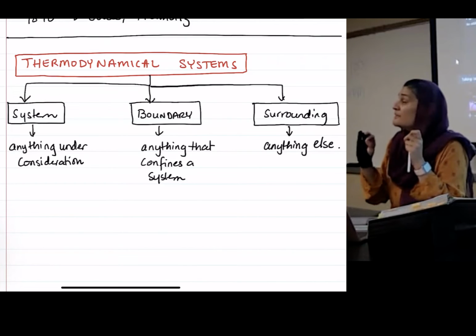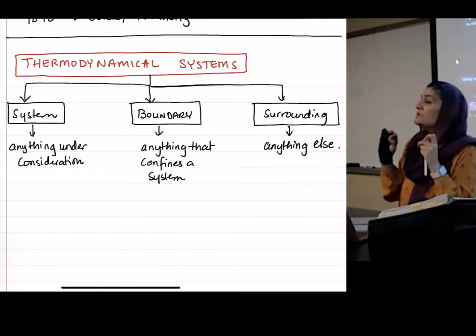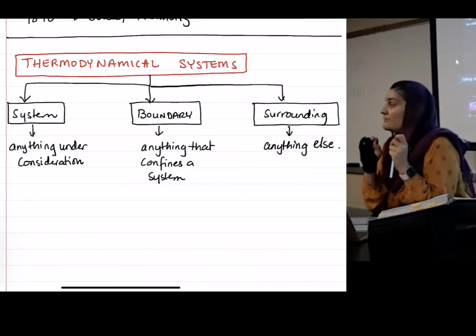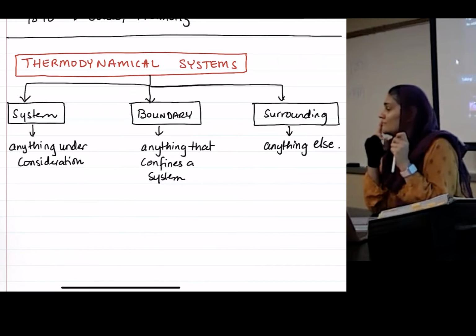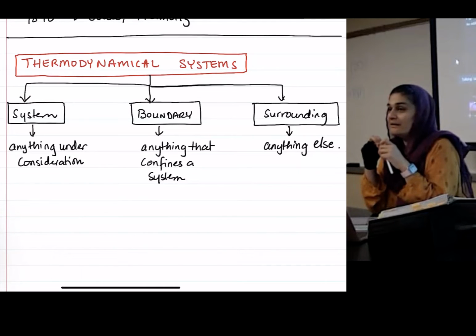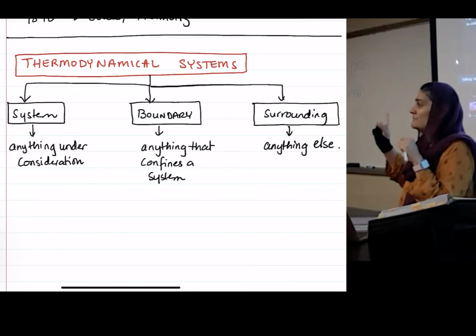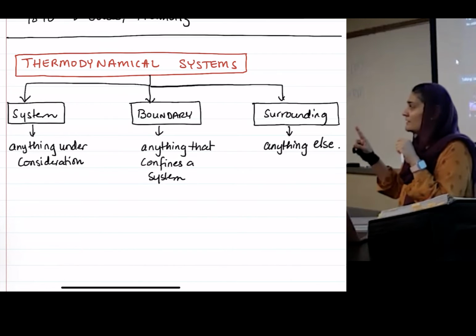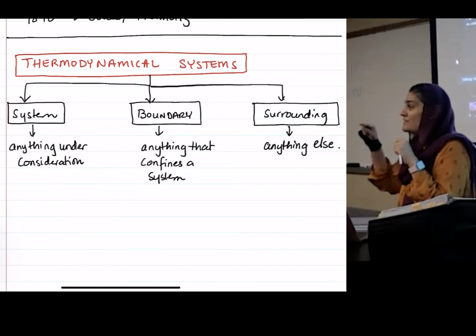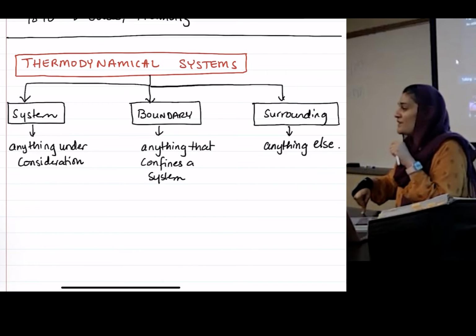And again, the same thing about surrounding. What do we call our surrounding? That's harder to explain too, right? Is our surrounding the hallway outside? Is our surrounding Fisher? Is our surrounding America? Is our surrounding the world?